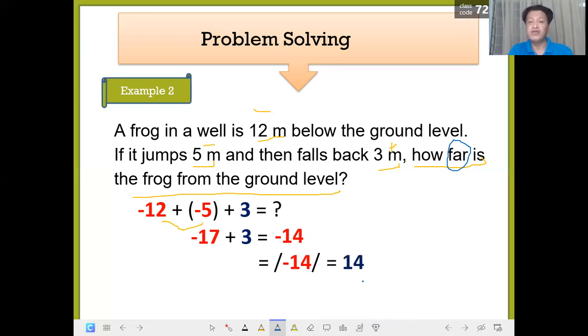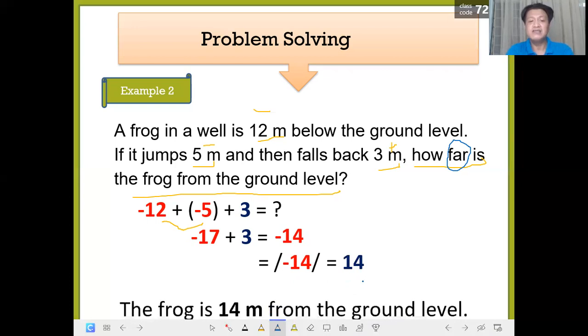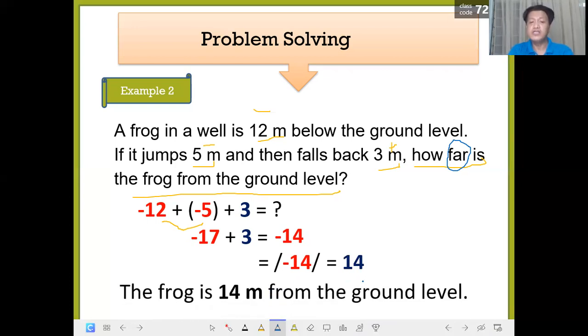That is positive 14. So our answer is that the frog is 14 meters from the ground level. That is the distance of the frog from the ground level, based from zero. Always remember, the absolute value or the distance is always positive.